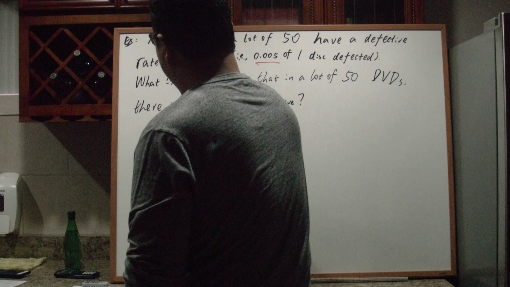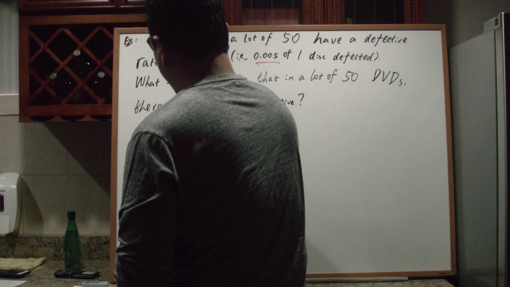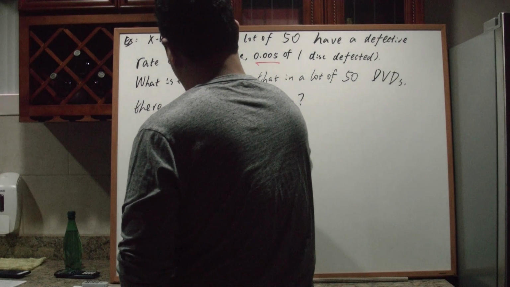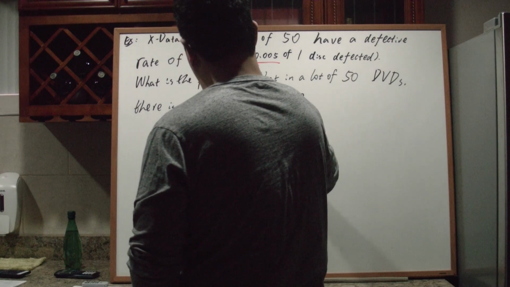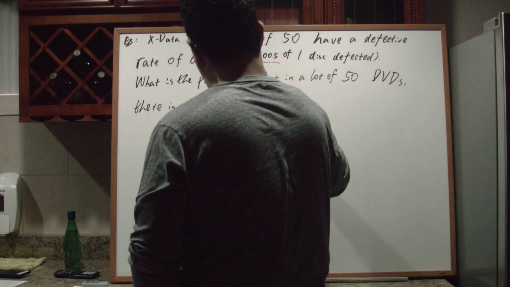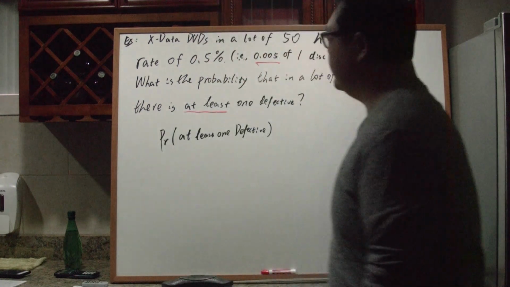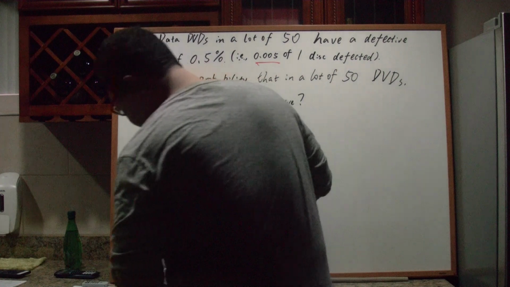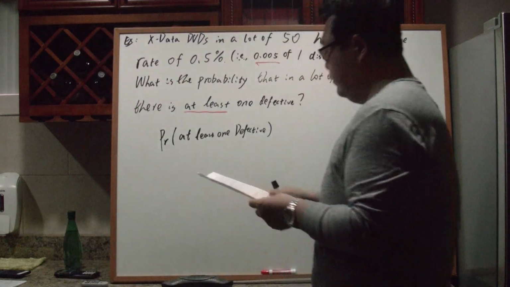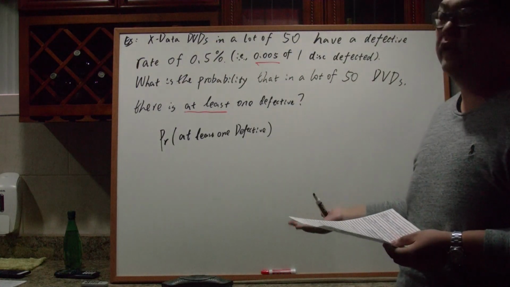The probability of at least one defective out of 50 is actually the complement of all good.